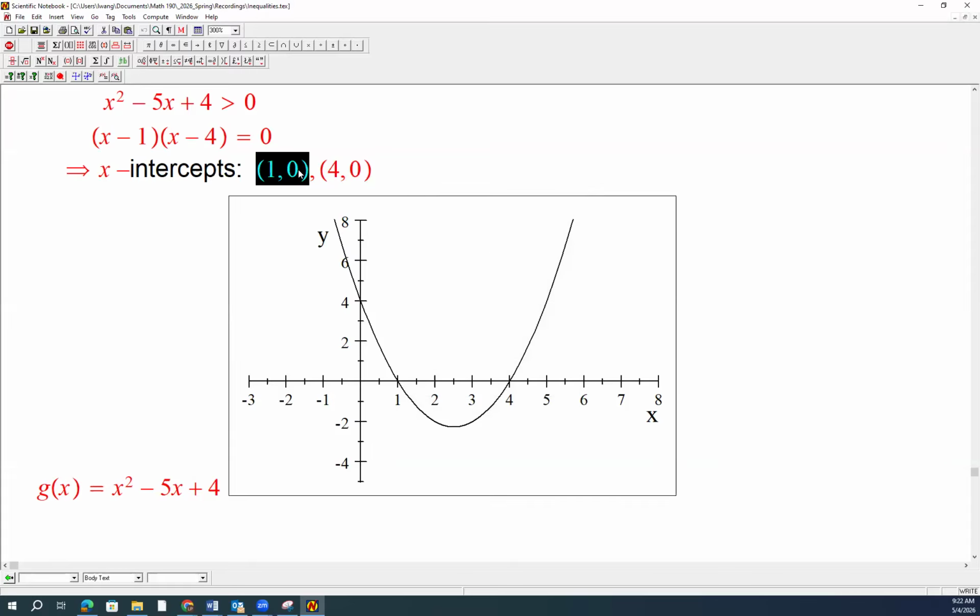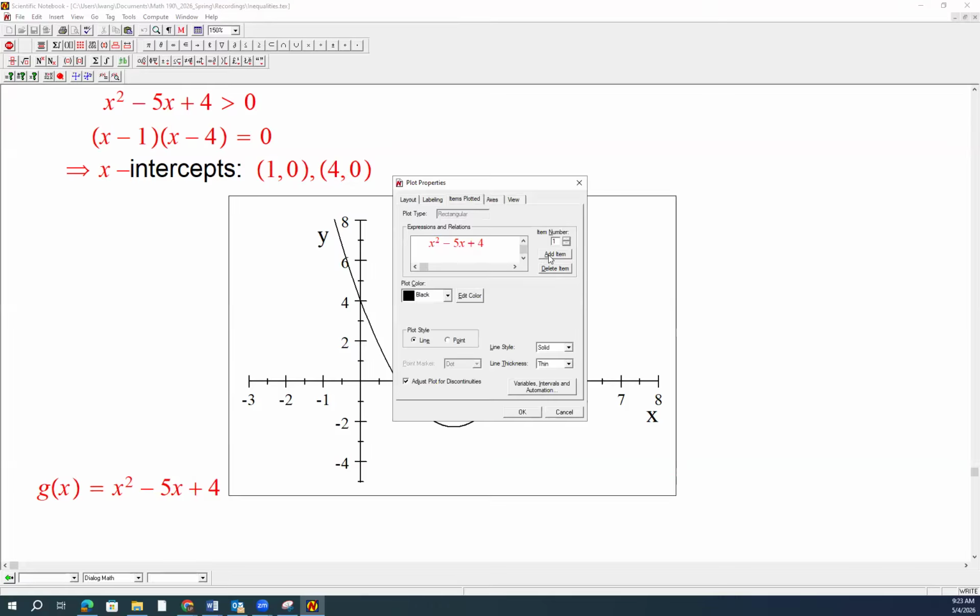We say these 2 points are x-intercepts, meaning those are the 2 points where the curve crosses the x-axis.